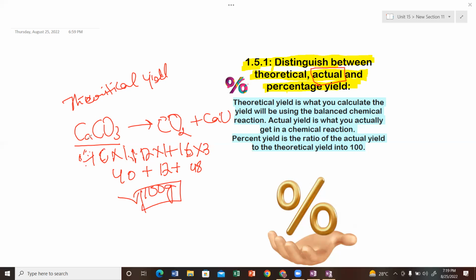Okay, we know that one calcium carbonate is 100 AMU. Now according to stoichiometry, one calcium carbonate is going to produce one carbon dioxide.